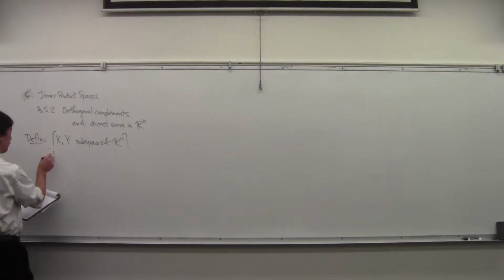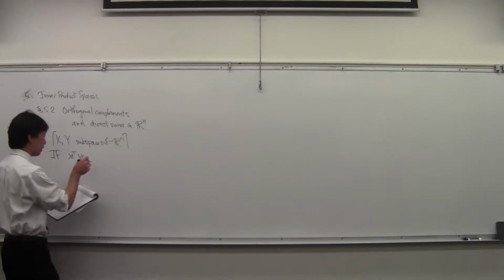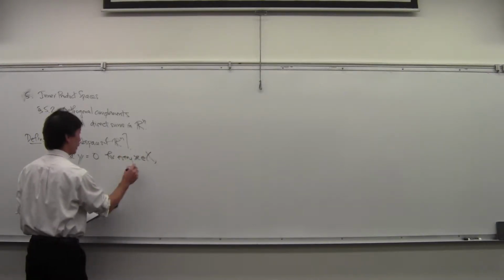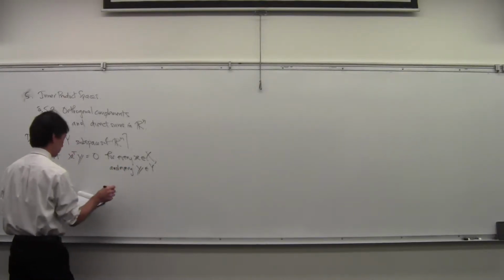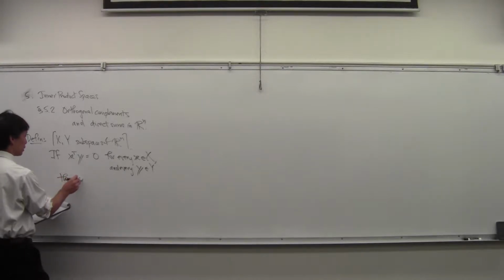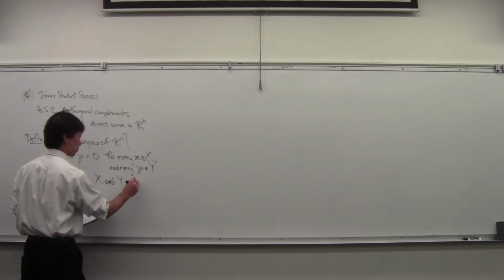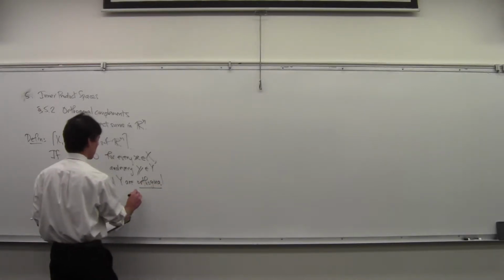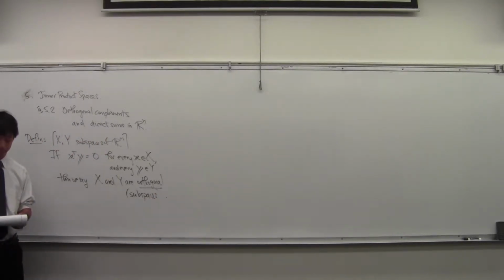If the dot product of x against y is 0 for every x in X, for every y in Y, then we say that X and Y are orthogonal subspaces.